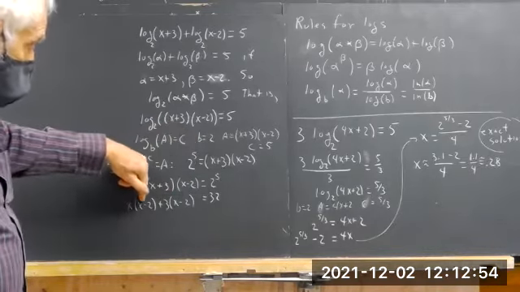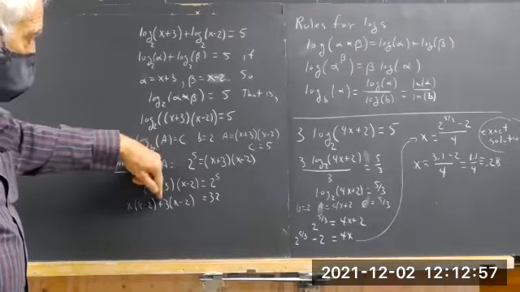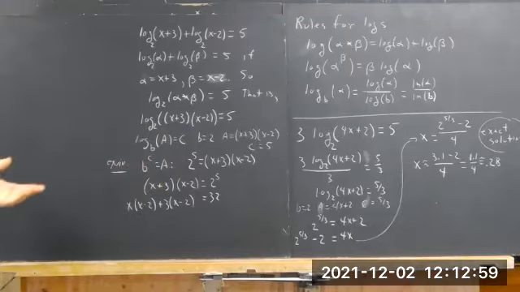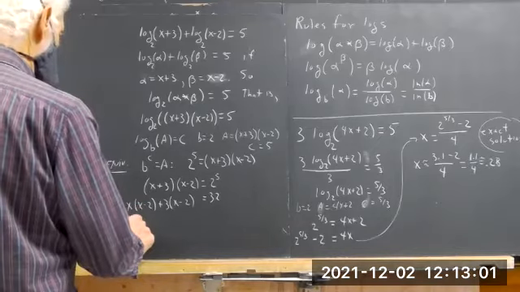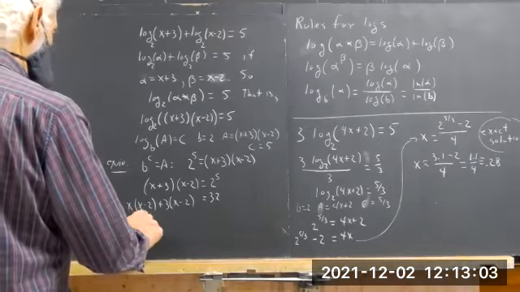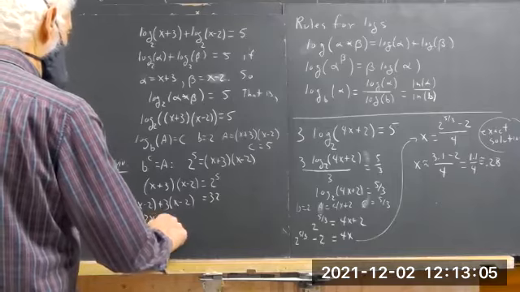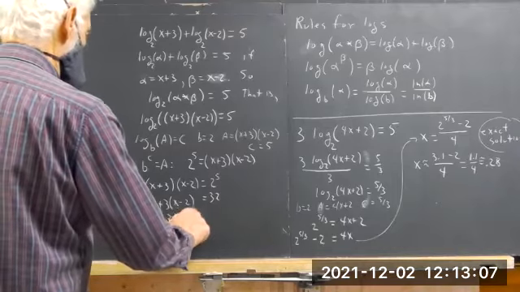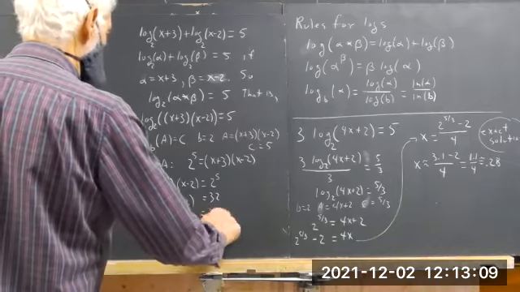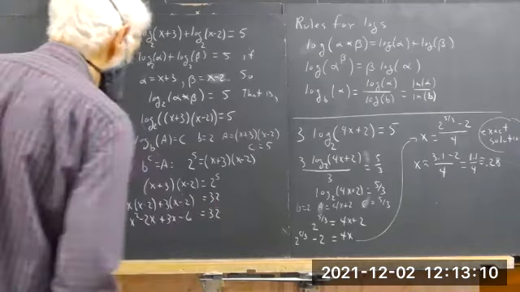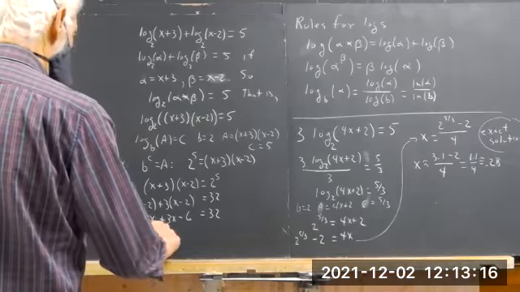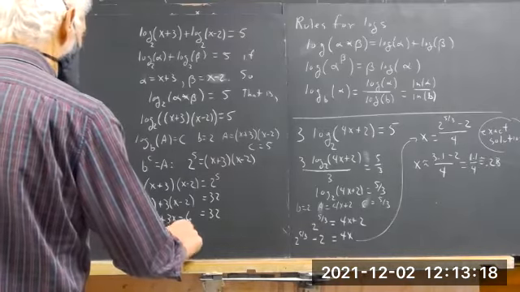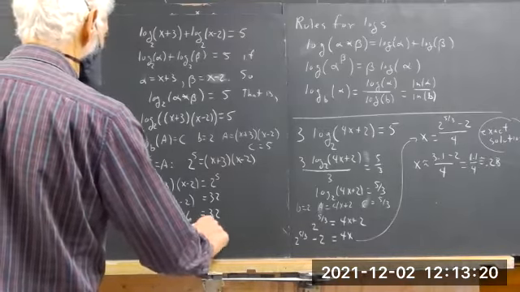So it's x times x minus 2 and 3 times x minus 2. That gives us x squared minus 2x plus 3x minus 6. And that's 32. So now we have x squared plus x minus 6 equals 32.